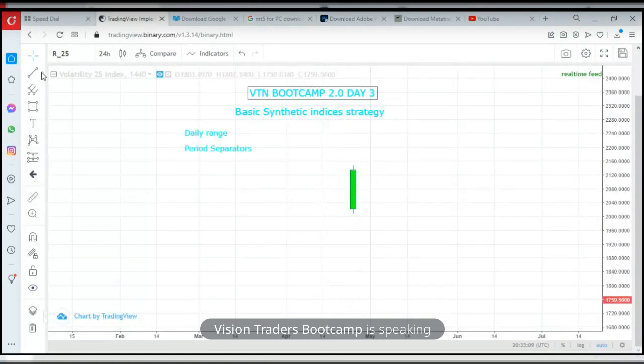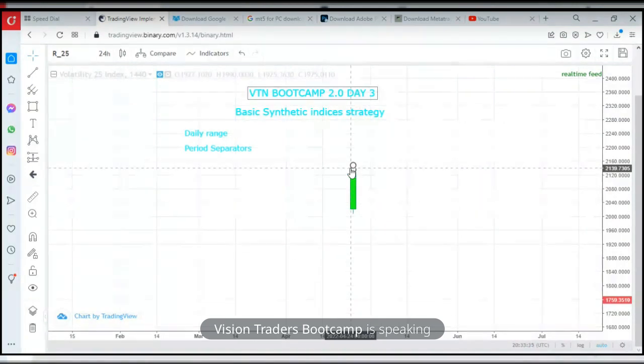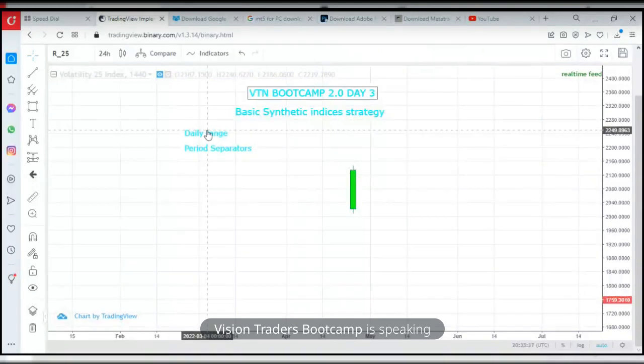From our knowledge of the forex market, we know there's what we call the OHLC. O stands for open, H stands for high, L stands for low, and C stands for close. That is the candle open, the candle close, the candle low, and the candle high.